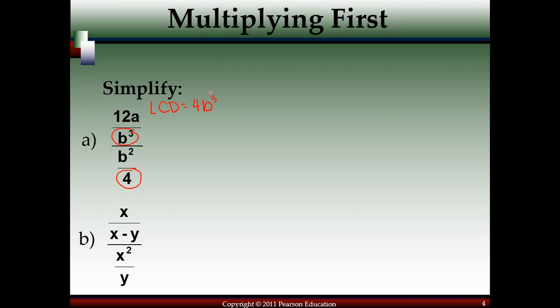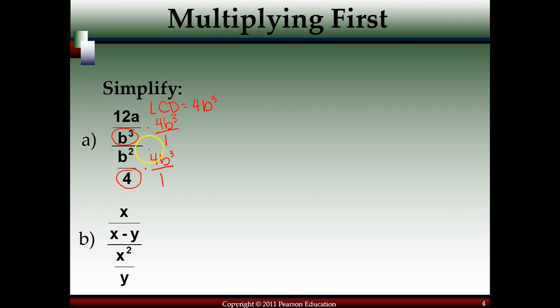For this complex fraction, our next step is to multiply both the numerator, up here, and the denominator by the LCD. So I'm going to multiply by 4b cubed here and multiply this by 4b cubed. It's like saying 4b cubed over 1, and the same here.